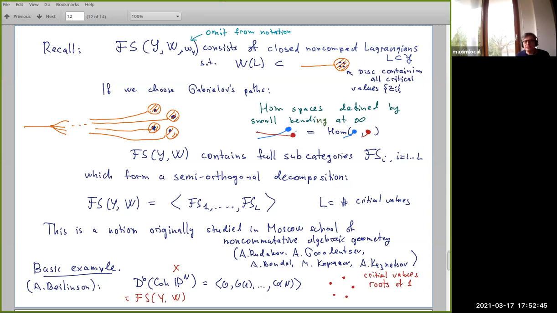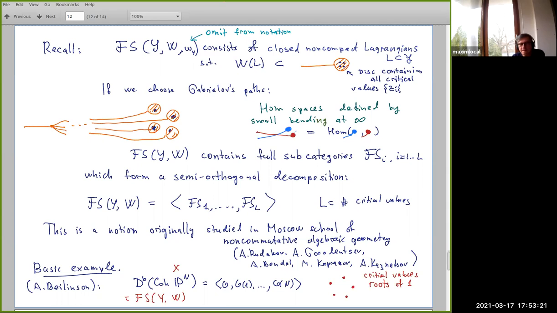Objects of this category are roughly closed non-compact Lagrangian submanifolds in Y, such that the projection sits in the union of a sufficiently large disk which contains all critical values of my potential, and a ray which goes to minus infinity. Now, if we choose a Gabrielov path, we have a smaller disk sitting in the big disk, with some path drawn to minus infinity. So let's make this choice.